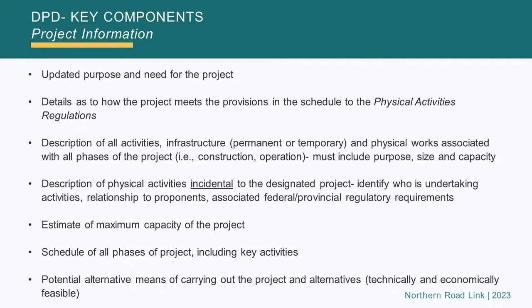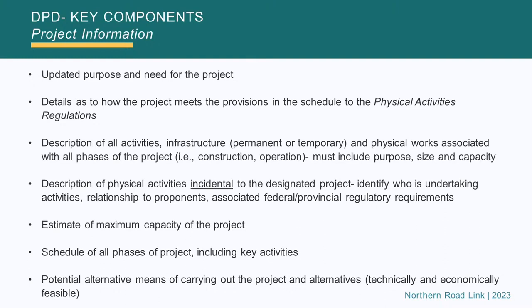And then, of course, it has to also include a description of any physical activities incidental to the project, like, for example, identify who is undertaking activities, the relationship to the proponents, associated federal or provincial regulatory requirements, an estimate of the maximum capacity of the project, or some sort of metric or measures associated with the project, to give IAC an understanding of what they're dealing with when they look at this project.